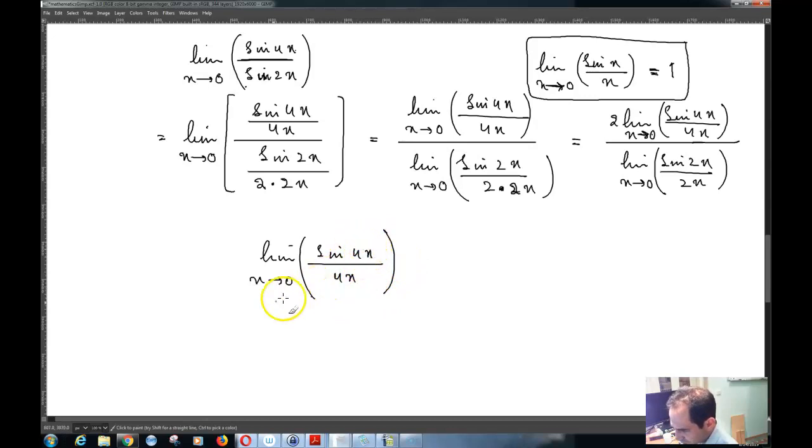So what you can do is substitute 4x with, for example, y or some other variable, meaning that y is equal to 4x. So if y is equal to 4x, then x is going to be equal to y divided by 4.